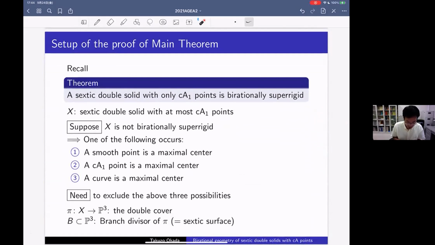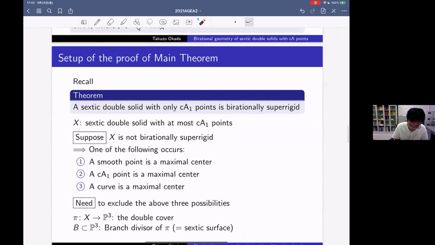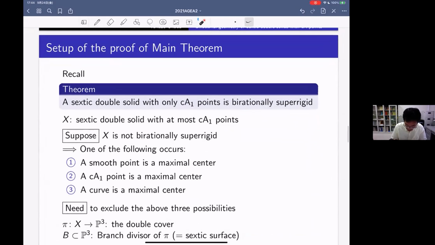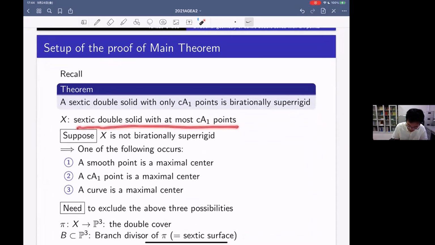From now I explain some ideas of the proof of the main theorem. Let X be as in the main theorem, a sextic double solid with at most CA1 points, and suppose it is not superrigid. Then, as explained just before, there exists a maximal center.